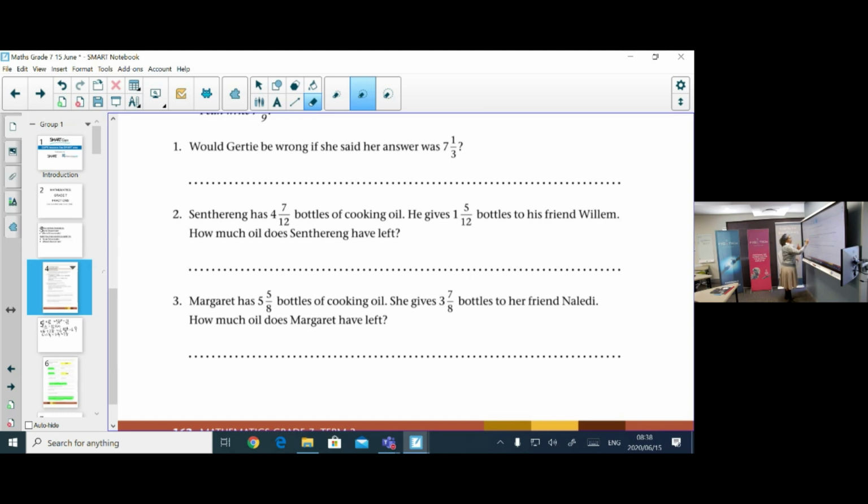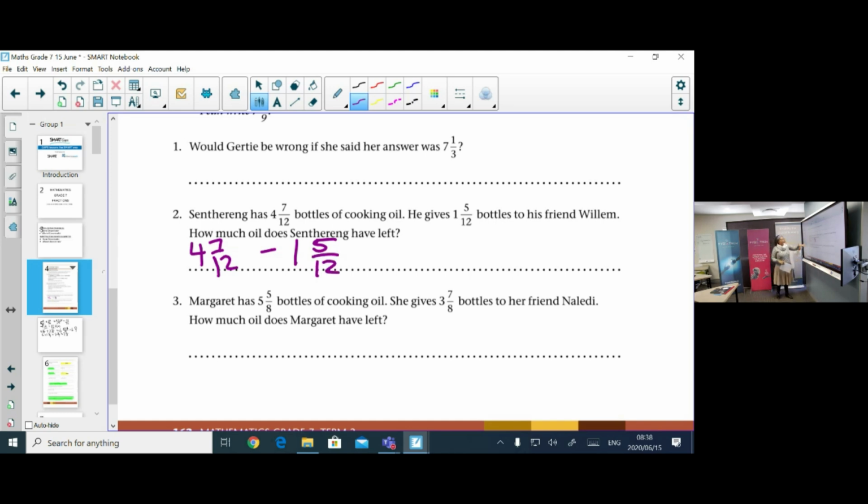So we are having 4 and 7 out of 12 minus 1 and 5 out of 12.